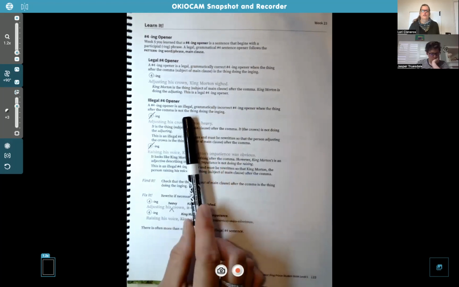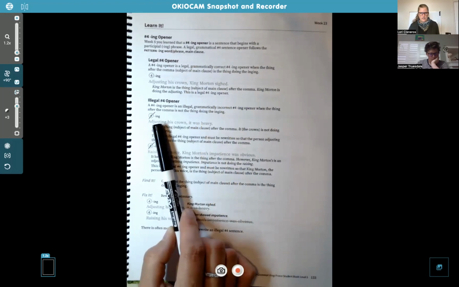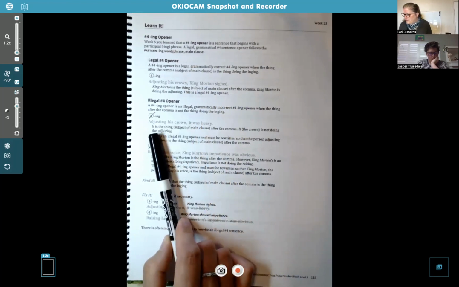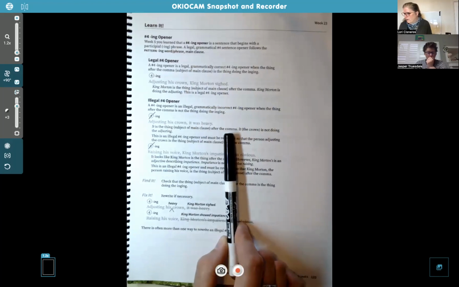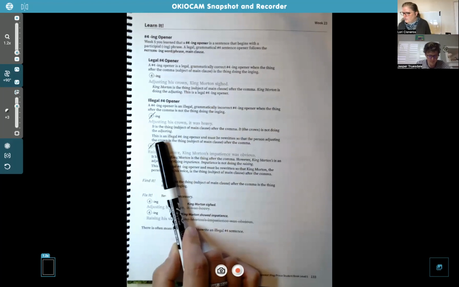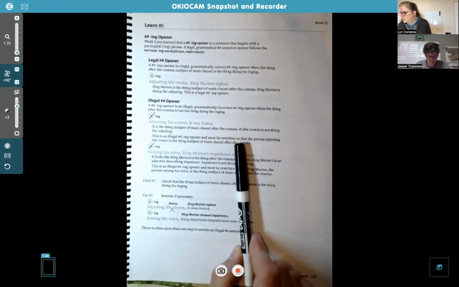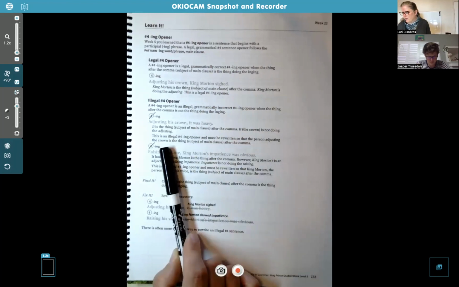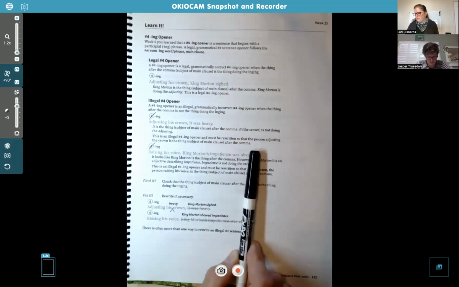Obviously, it is referring to the crown, not whoever's doing the adjusting here. So the subject of the main clause after the comma, the crown, is not doing the adjusting. This is an illegal number 4 ing opener and must be rewritten so that the person adjusting the crown is the subject of the main clause after the comma.